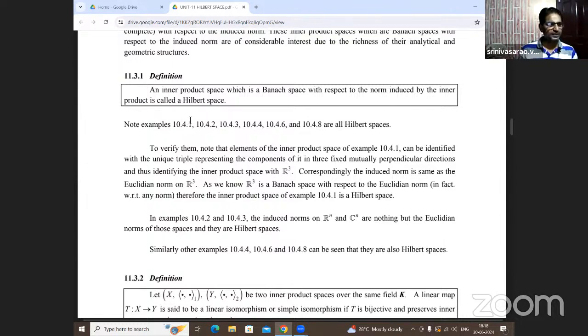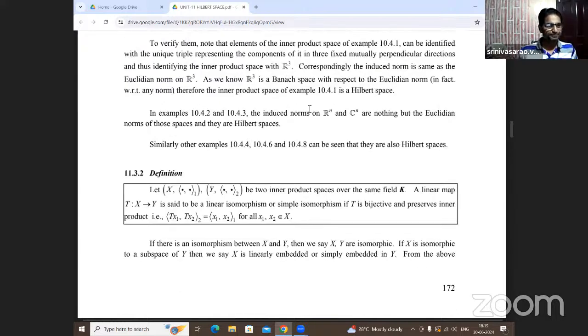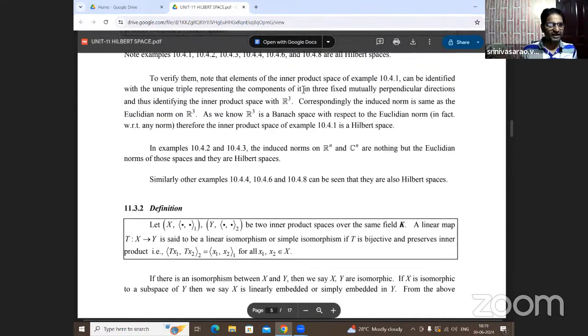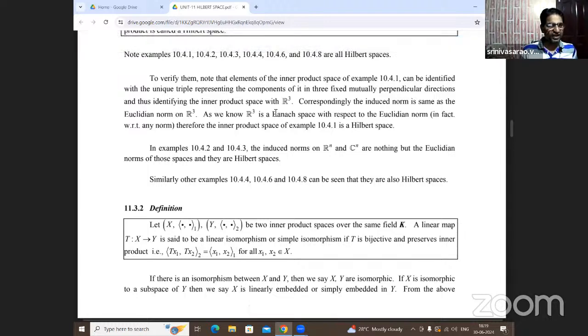Now all the inner product space examples belong to Hilbert spaces. The first, second, third, fourth, sixth and eighth examples of inner product spaces are Hilbert spaces. Define Hilbert space and give an example: those examples are also applicable. See this one: R cube, R square, these are all with the Euclidean norm. R cube is a Banach space with respect to the Euclidean norm, where the field elements are real numbers.